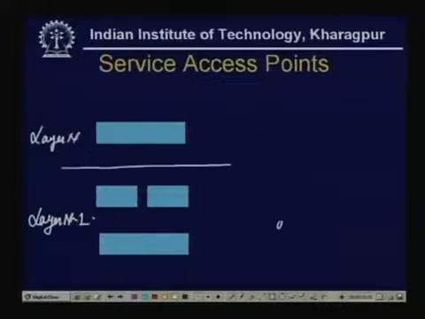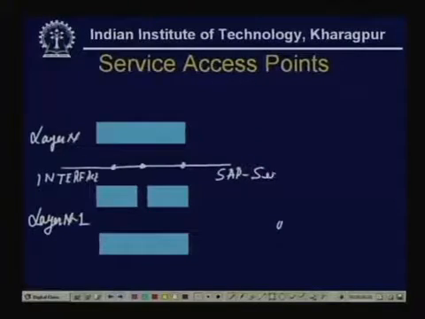Now, here you have the interface between the two layers. And at this interface, there are some service access points. These points are the service access points. SAP stands for service access points.